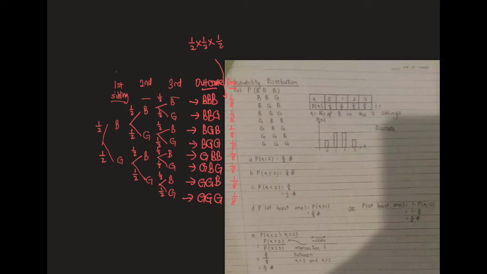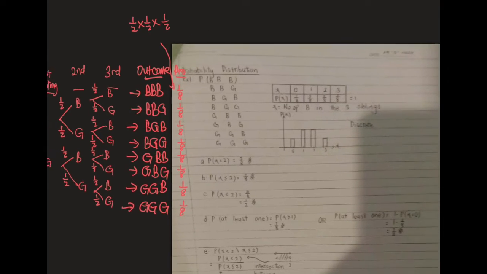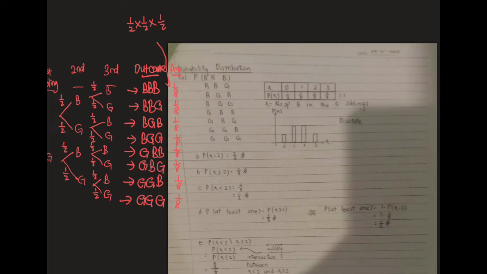And now, what we need to gather up in this table is the number of boys in the 3 siblings. Let's say the first one, BBB.